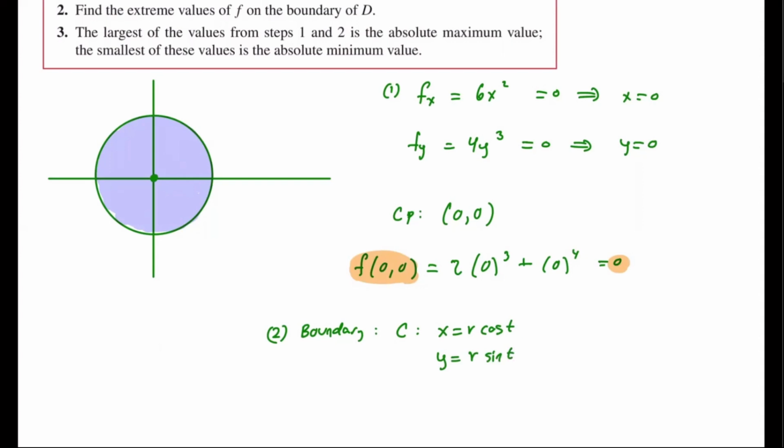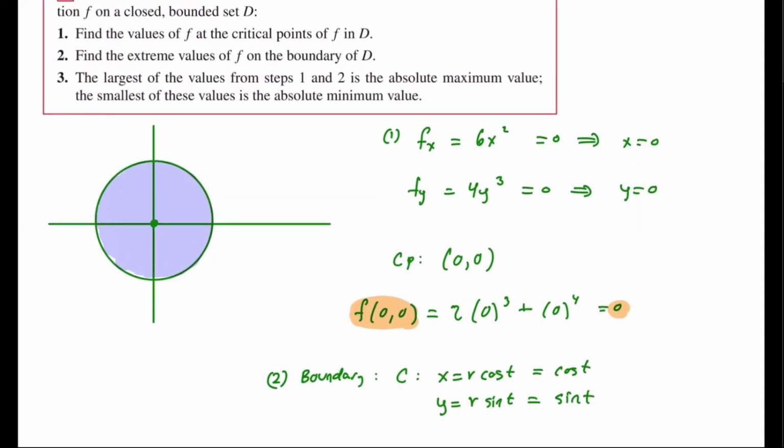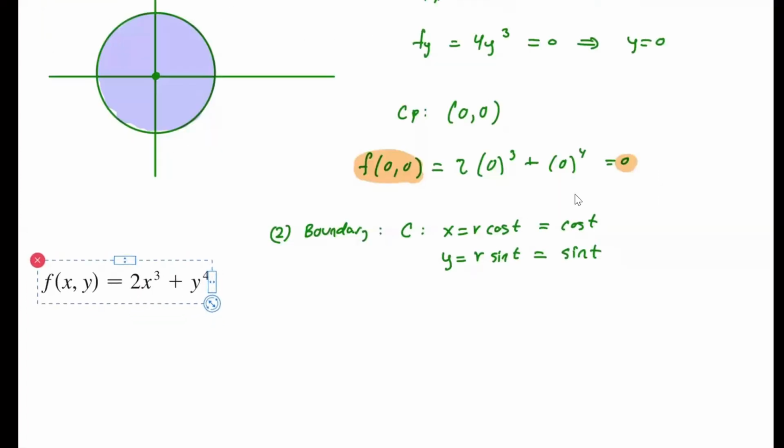Now, since r is 1, we know this distance is 1. So our parametrization to represent the boundary would be x equals simply cosine of t, y equals sine of t, since r is 1. Now, you want to plug these into your original function. Now we're going to represent this in terms of a function of t.